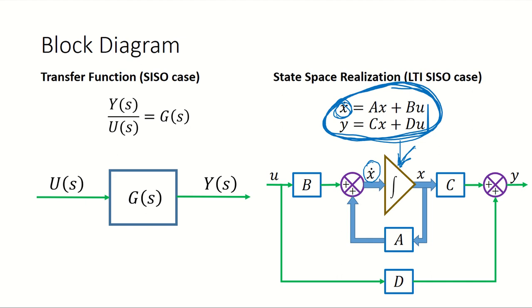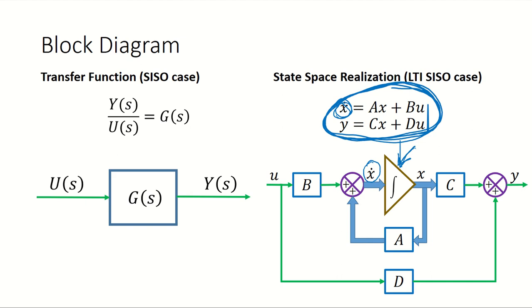So any state space realization can be represented in a block diagram using this method. So you just identify how many states are there, those many integrators will be there in the block diagram. This is also a quiz question. How many integrators will be in the block diagram of an nth order system? N number of integrators. As many states, that many integrators.